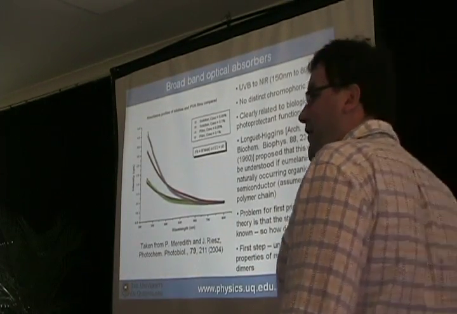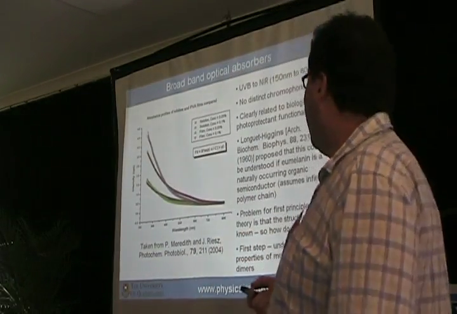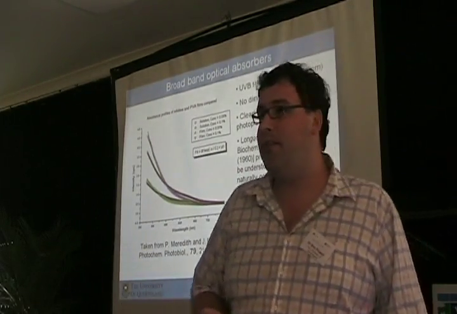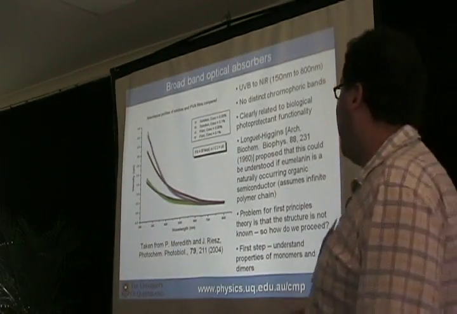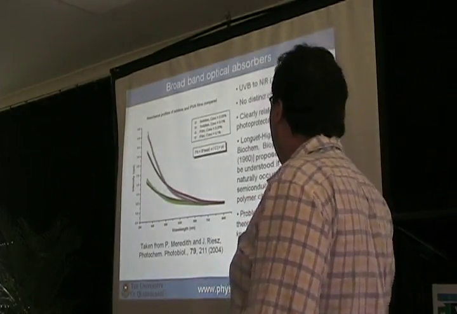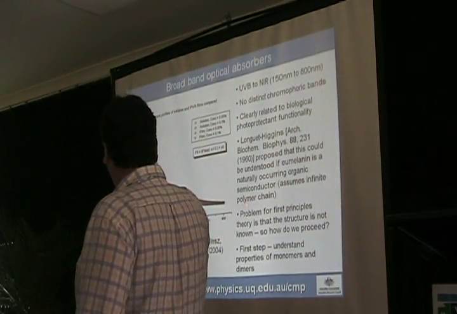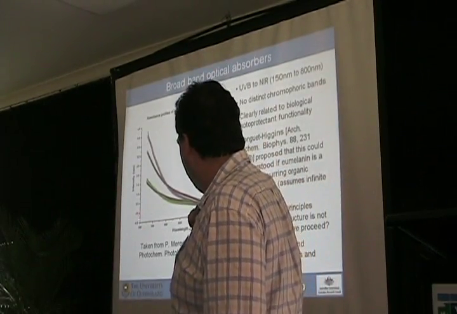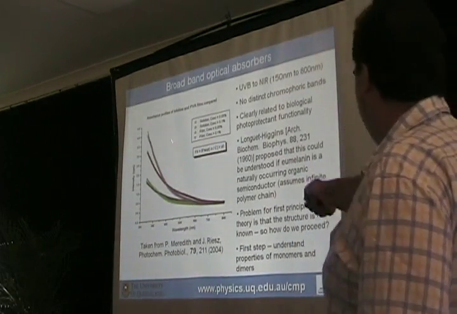Bernie talked yesterday about the conductivity of melanin, and how from his data it no longer seems that the conductivity arises simply from electrons or holes moving around the material, but it's due to protons moving, and that protons are the dominant charge carrier at ambient and higher humidities. One of the other features we'd really like to understand, if we're going to get rid of this semiconductor paradigm of melanin, is how we get this broadband optical absorption. One thing I'd like to stress here: zero is not this axis, zero is a bit higher, so it's really got quite a lot smaller over here. And this is basically exponential.